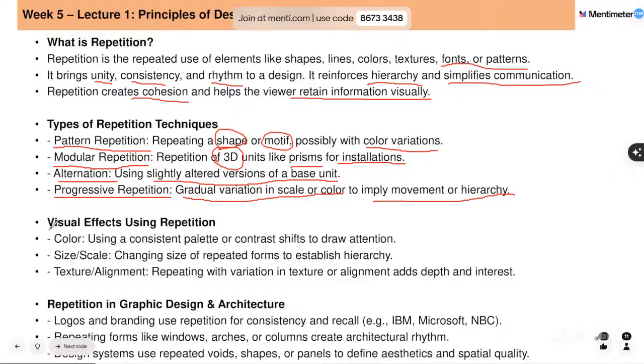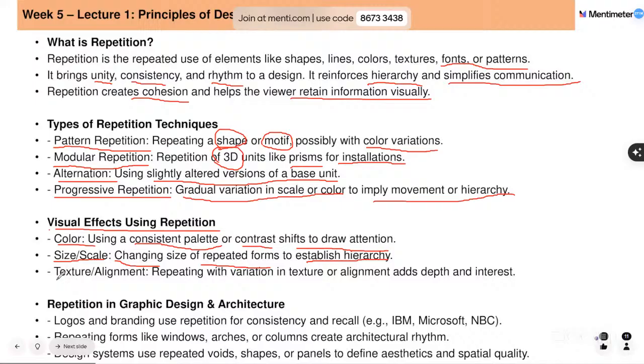So when we look at the visual effects that can happen because of repetition, so color, so using a similar or consistent palette or contrast can shift to draw attention. Then we can use size or scale in repetition, that is changing the size of a repeated form to establish hierarchy.